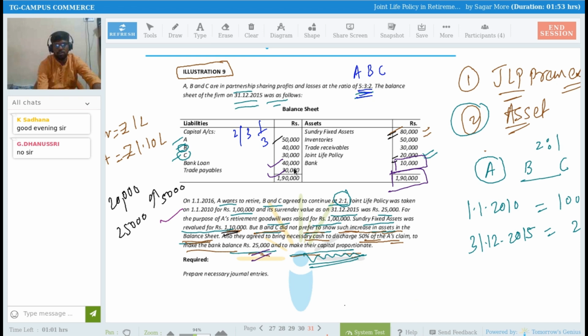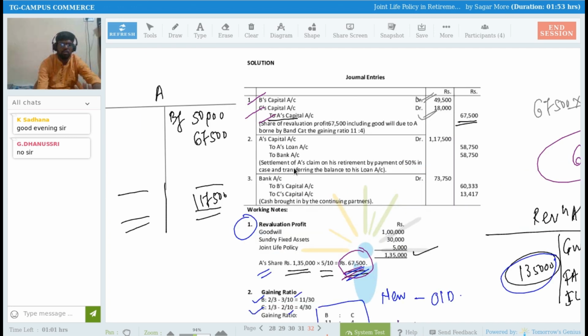Is it given or not? See, they also agreed to bring the necessary cash to discharge 50% of A's claim. So they are going to discharge 50% of A's claim, so we have to pay 50%. 1,17,500 multiplied by 50%.